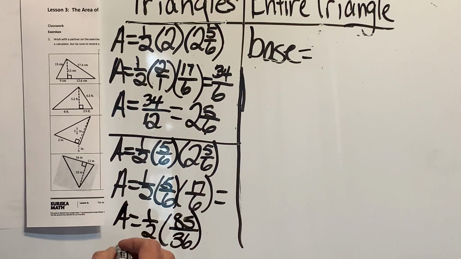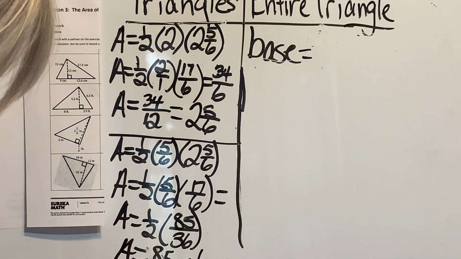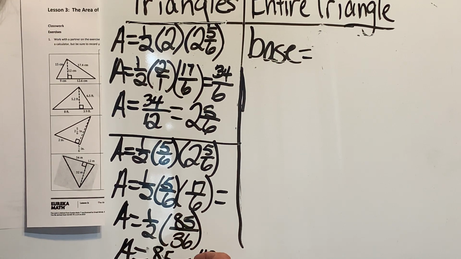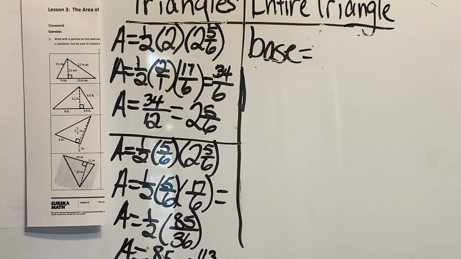And then when we multiply this out again, that would be, whoops, I already got the half. That would be 85/72. And that would be 1 13/72 inches squared.